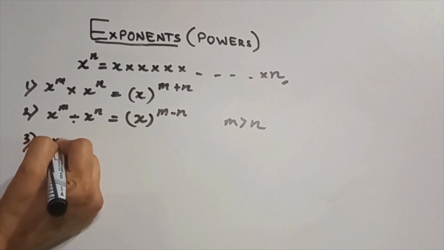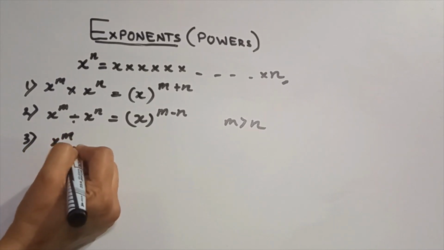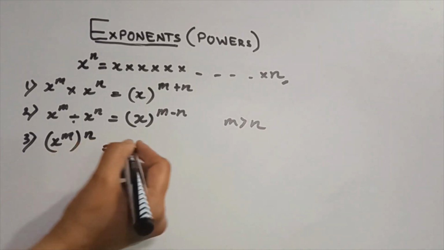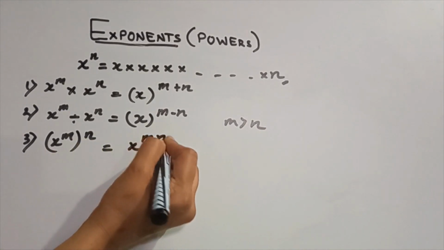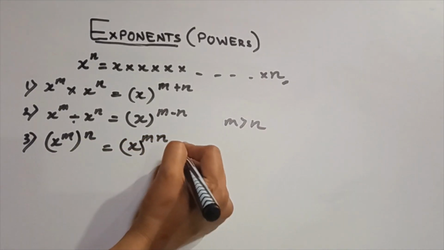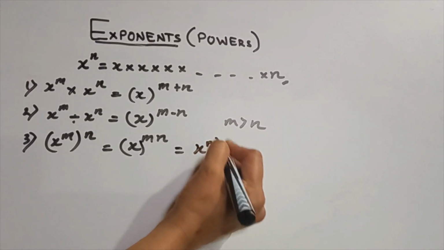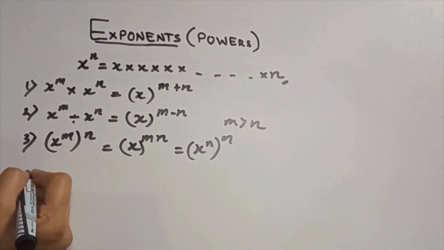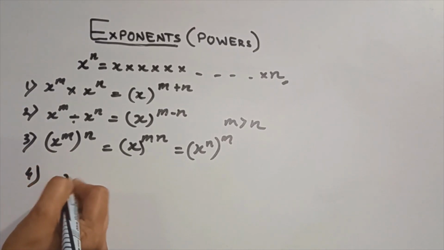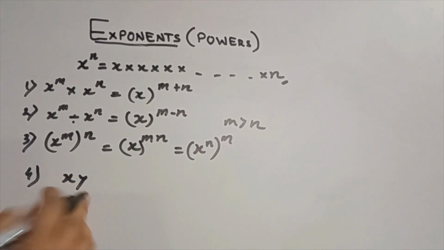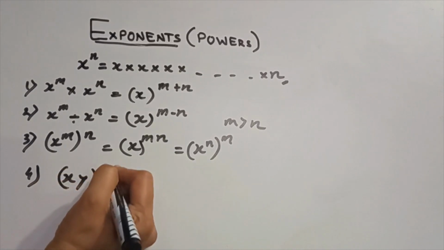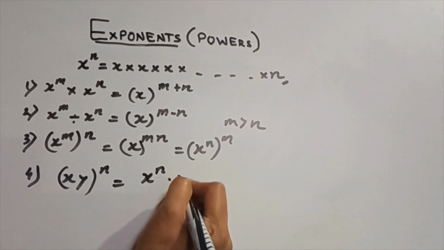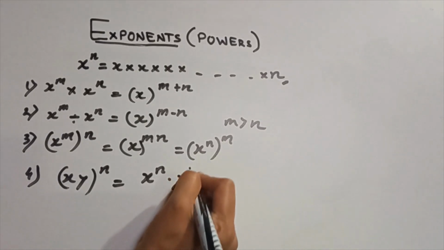Third one is x raised to m, raised to n. It means x raised to m n, or you can write it as x raised to n raised to m. Fourth one is xy, these two terms raised to n. It means x raised to n multiplied by y raised to n.